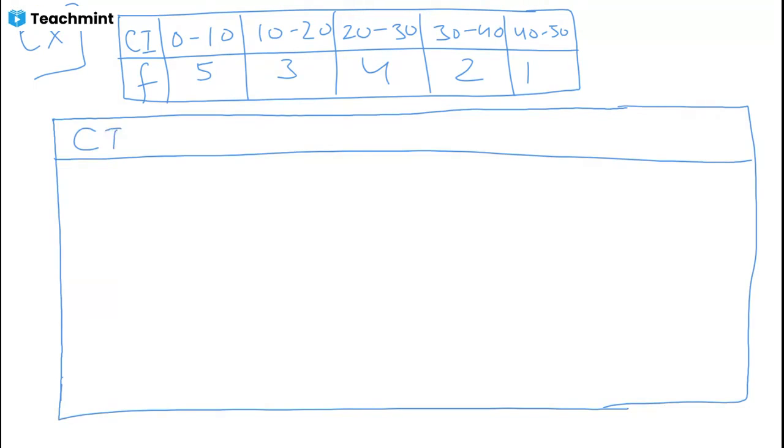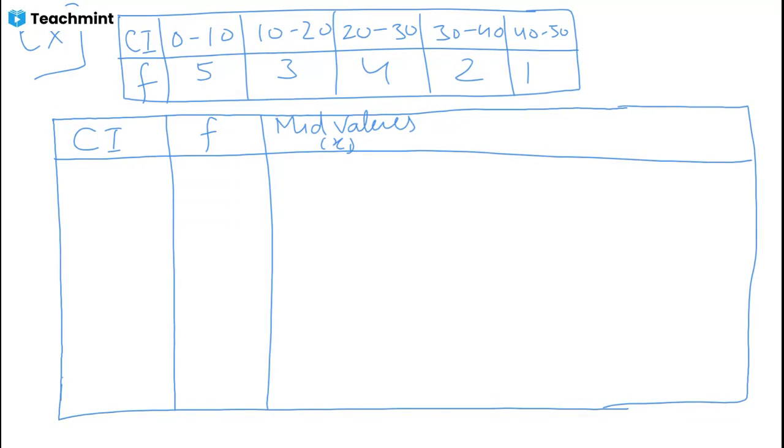So Ci in F. Then let us find mid values, and it is denoted by x.